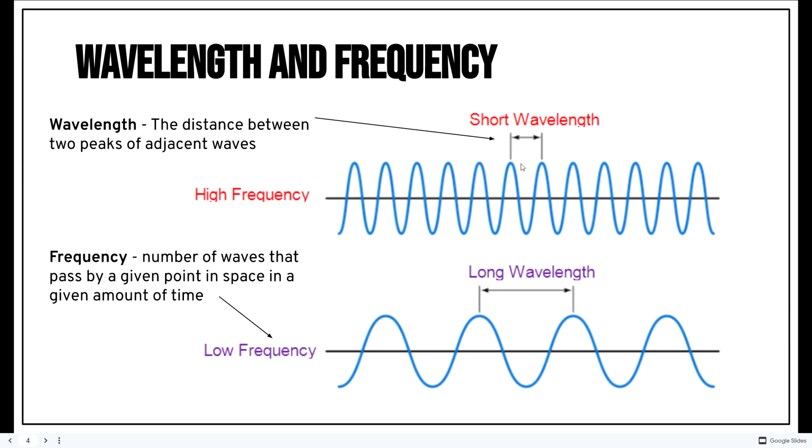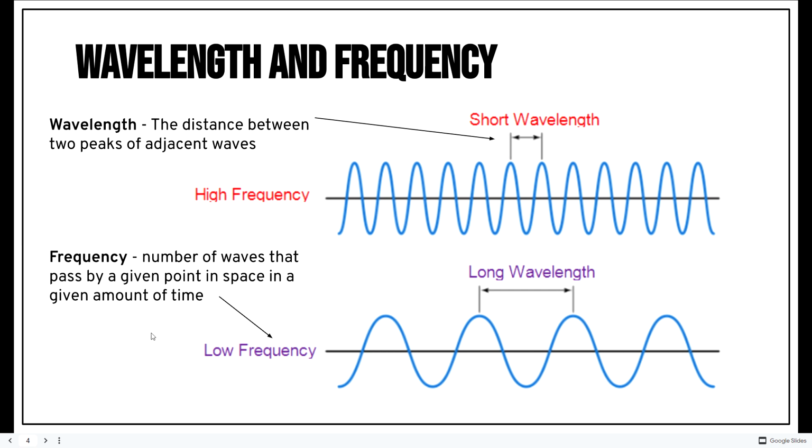When they're close together at the peak, that's a short wavelength. Down here at the bottom where they're much more spread out, it's a much wider loop. That's a long wavelength. And you always measure the wavelength at the top of two adjacent peaks.